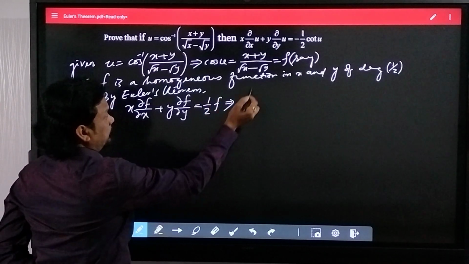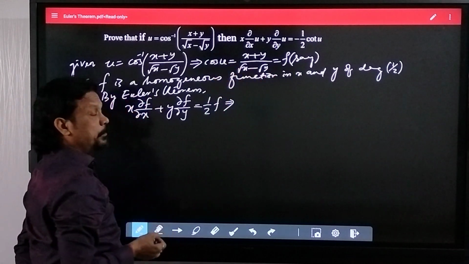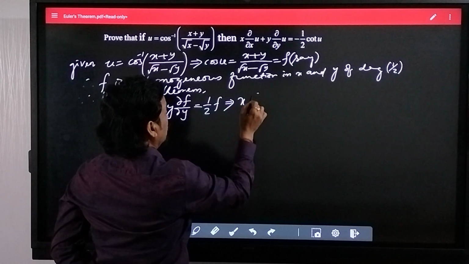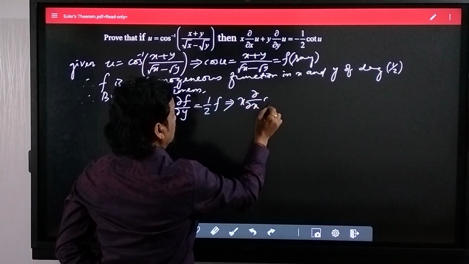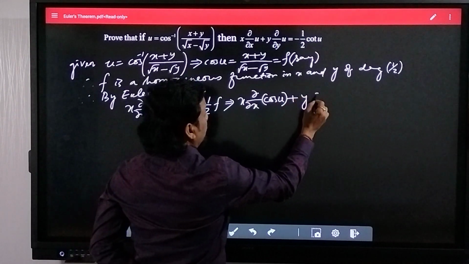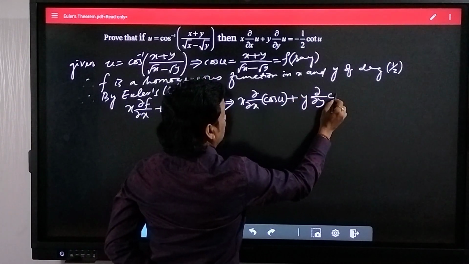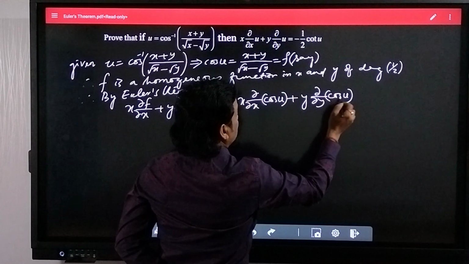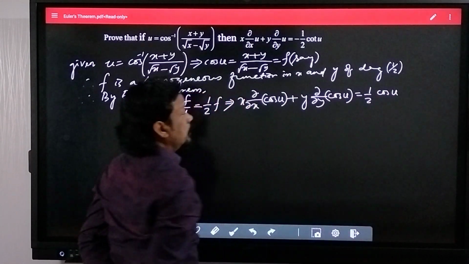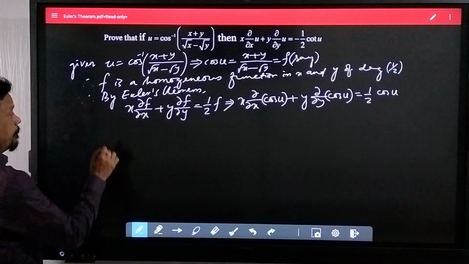So what is the value of f? Here f is equal to cos u. So in place of f, I am writing cos u. So x into del by del x of cos u plus y into del by del y of cos u is equal to half into cos u.